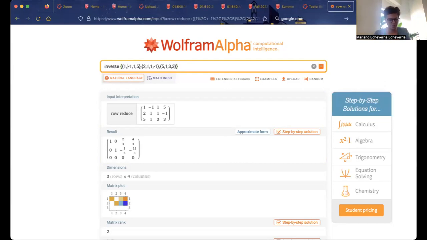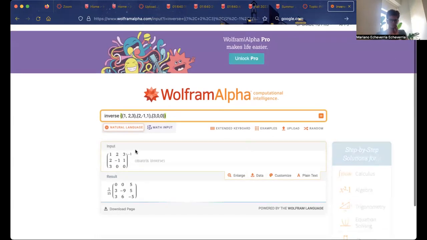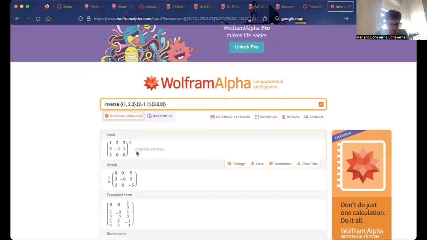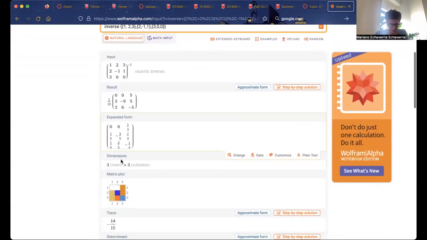That's one of the nice things about linear algebra, that so many things have an algorithm. So you can go to Wolfram Alpha to check the inverse of a matrix. Let's see. 1, 2, 3, 2, -1, 1, 3, 0, 0.